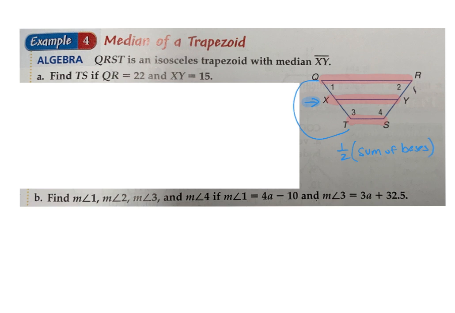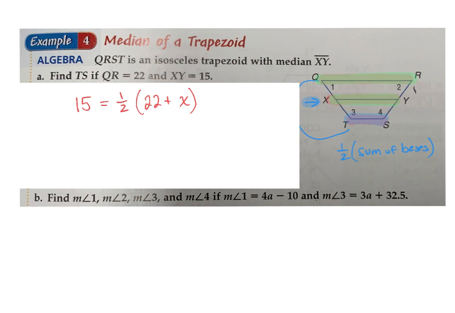All right, so they gave me find TS. So they want us to find TS. And they've given me QR, a base, and they've given me XY, the median. All right? And so I'm going to set it up based on that information. So my median, 15, should be 1/2 base QR plus base TS, which I don't know.